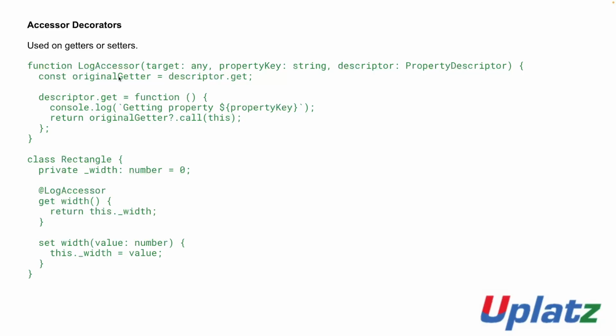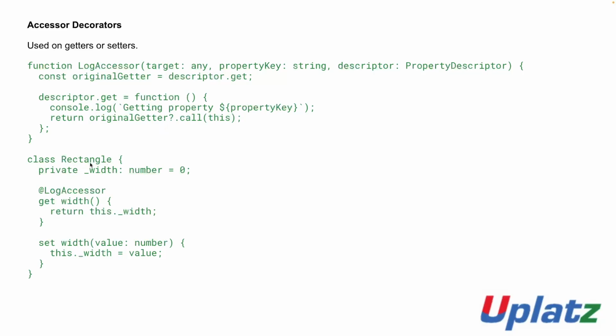Then const originalGetter is equal to descriptor.get. descriptor.get is equal to function, unnamed function, then console.log within backticks, getting property dollar within curly braces propertyKey. This is the propertyKey. Then backtick is closed. Return originalGetter, then question mark dot call this. originalGetter is nullable. Call this.